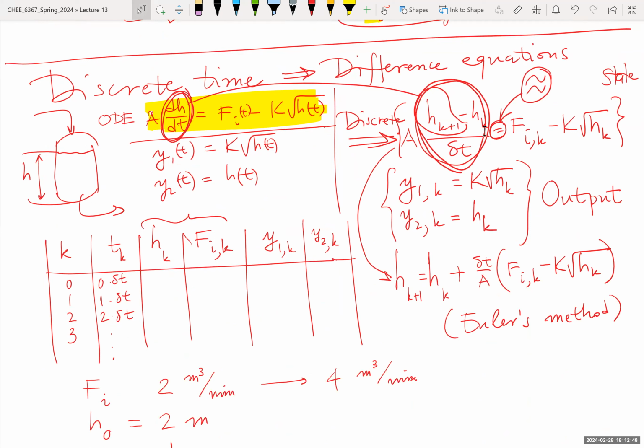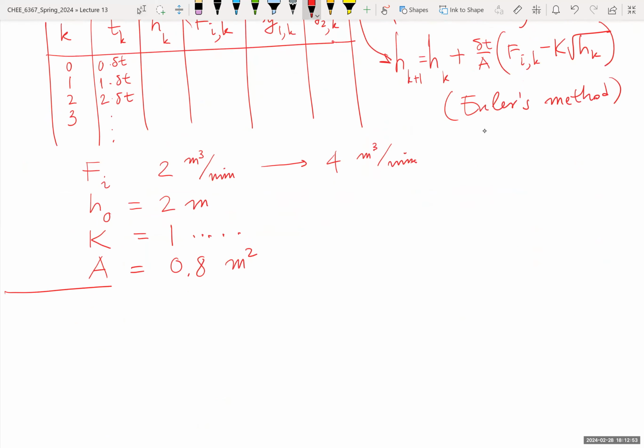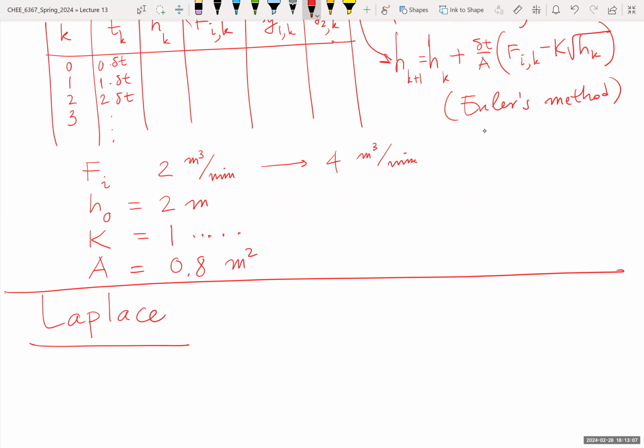It's a better model and all that. To do all this, we need a little bit of machinery, which is similar to Laplace. And before you protest that, oh, this is already too much, so why do we need another method? Well, the method is called Z transforms, and it's actually simpler than Laplace.